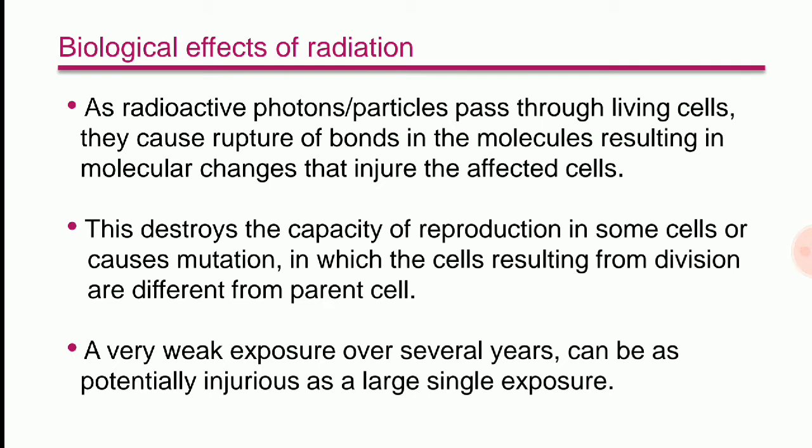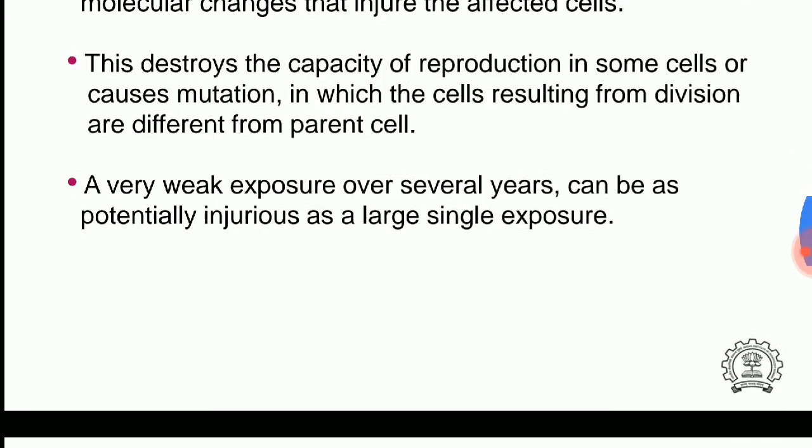This destroys the capacity of reproduction in some cells or causes mutations in which the cells resulting from the divisions are different from the parent cell. A very weak exposure over several years can be as potentially injurious as a large single exposure.